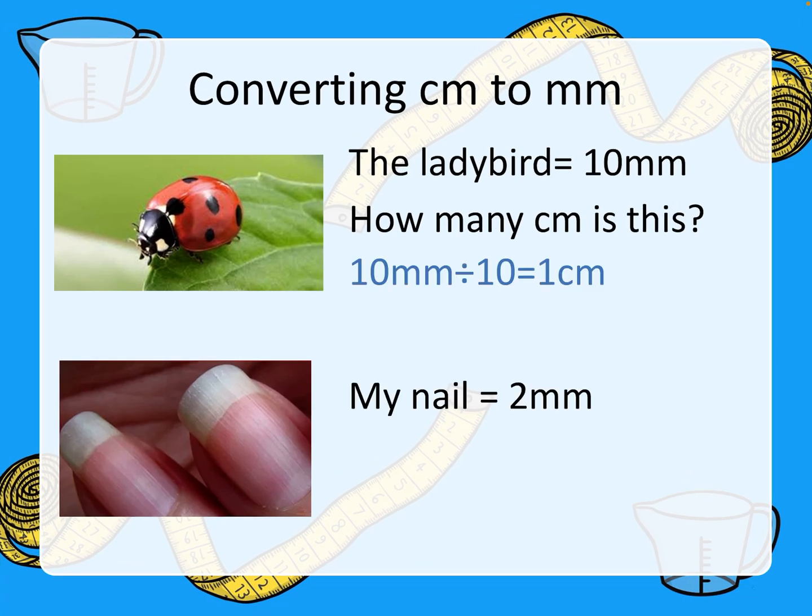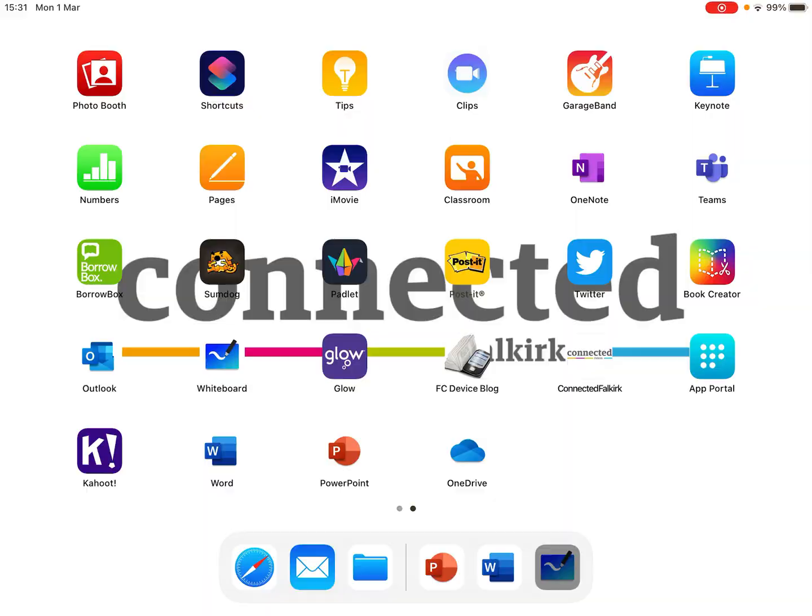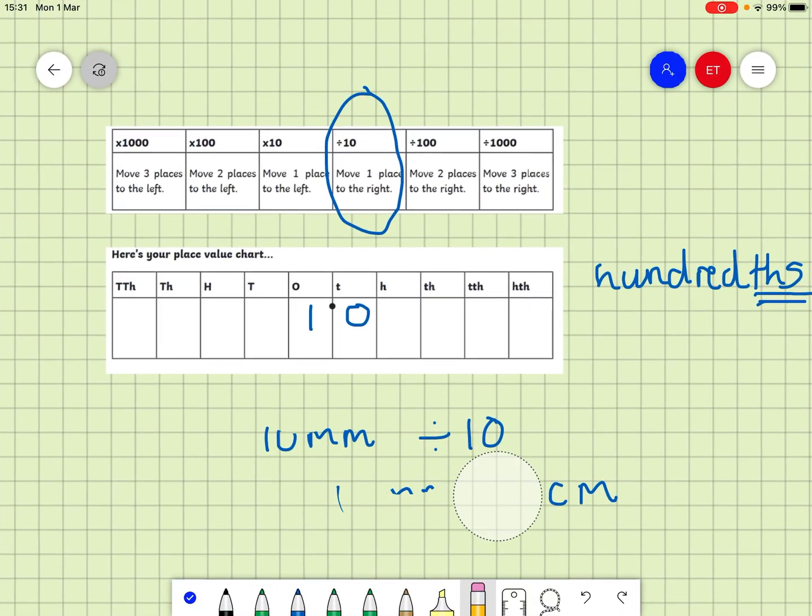So if I measure my nail and it's 2 millimetres, how many centimetres is that? So we'll do that again. So 2 millimetres. And remember, when we're dividing by 10 to get the centimetres, each one moves one place to the right.